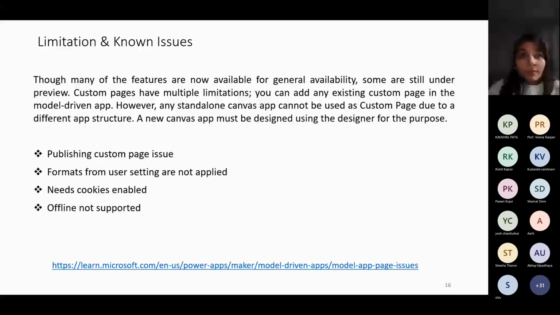It doesn't notify the model-driven app that the custom page was updated and it should get the latest version. So if you don't publish the model-driven app, you might not see the latest changes you have made with the custom page. That is one of the issues which I faced while preparing this demo, and I have listed it down.